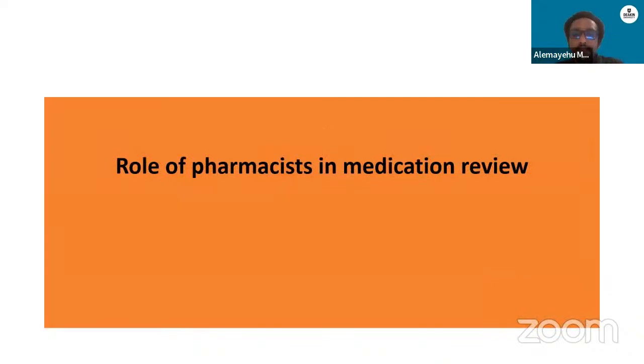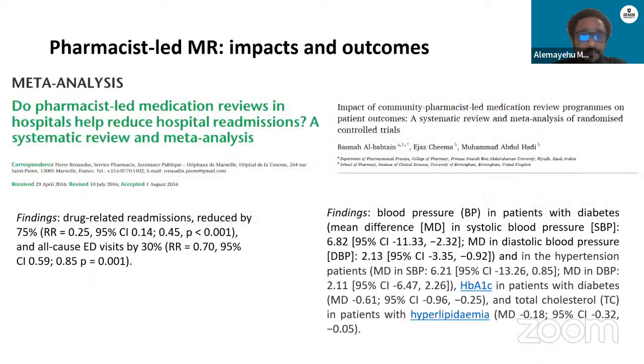The role of pharmacists in medication review. As I said, medication review is a little bit broader than medication reconciliation. There is a number of evidence in the literature showing that pharmacists have an impact from medication review.